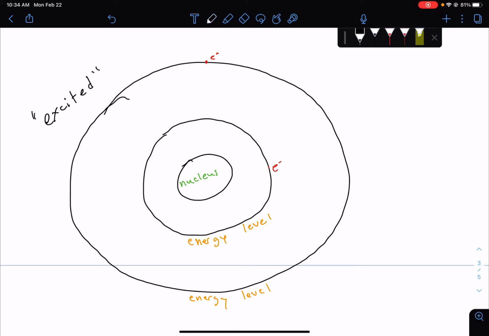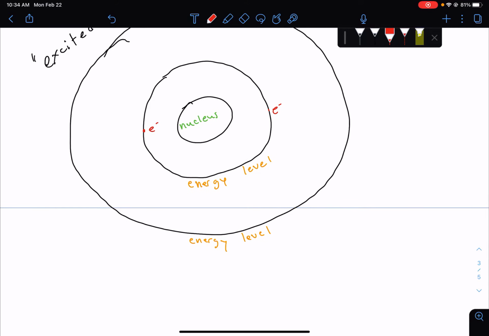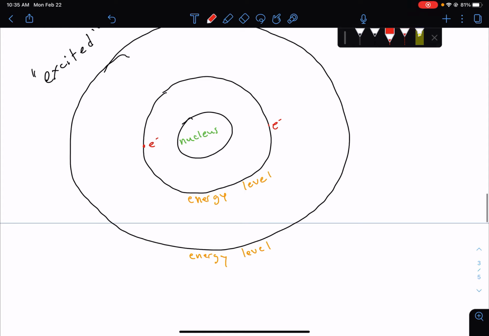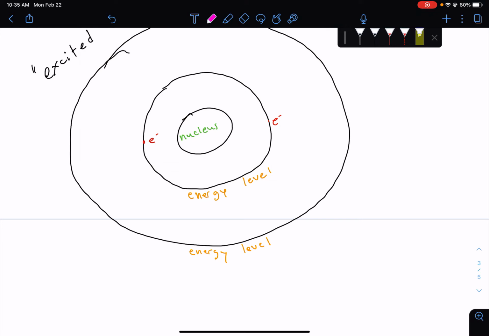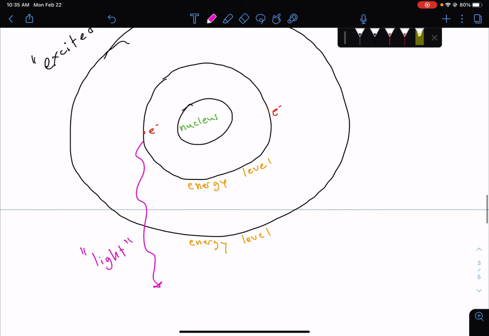Boop. All right, cool. For this electron to go back down to this lower energy level, the atom has to emit energy, and we see this energy as light. A light wave. That's a very poorly drawn wave, but I think you get it. We'll call this light. Now, some atoms emit visible light when they get excited.